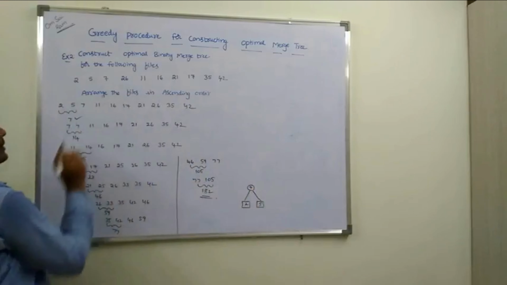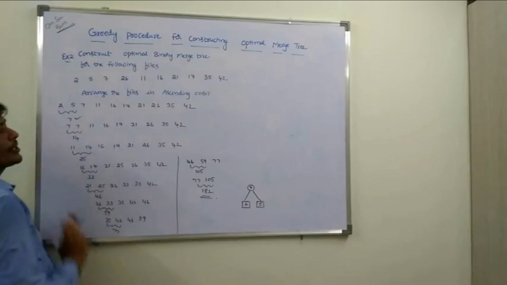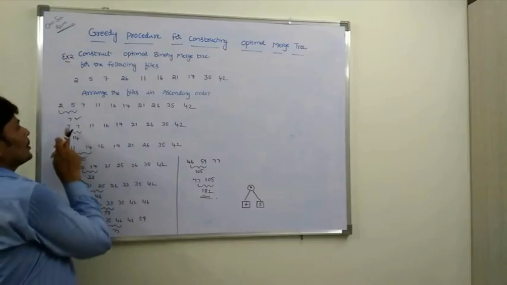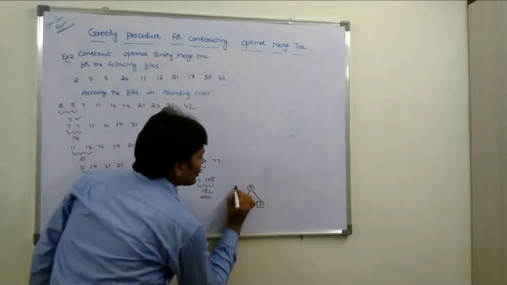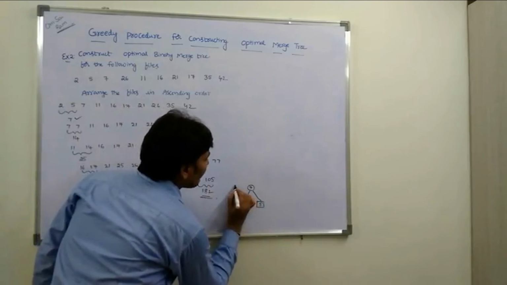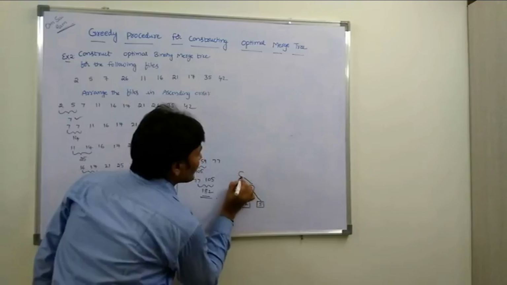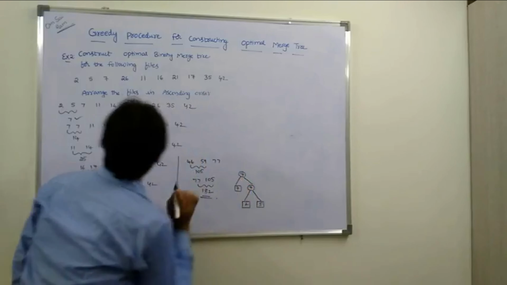So this is 7. Next, 7 is merged with 7. Both are equal, so this 7 is put on the left hand side of the merged value, that is 7. So 7 plus 7, we get 14.